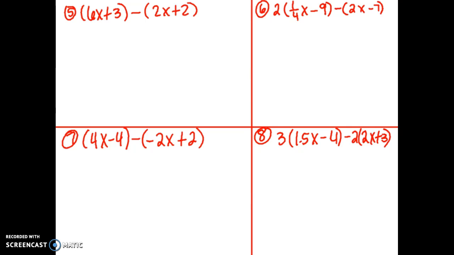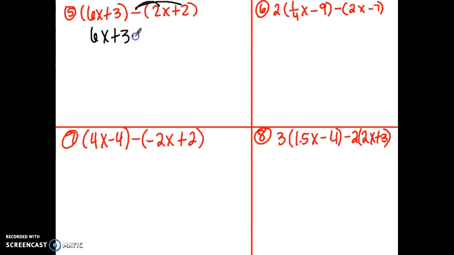So when we distribute the subtraction into everything inside the second set of parentheses, all we're doing is taking the opposite of those numbers. So there's nothing being done to our first expression, so we just write down 6x plus 3. I'm subtracting 2x plus 2, so I'm taking the opposite of those things.